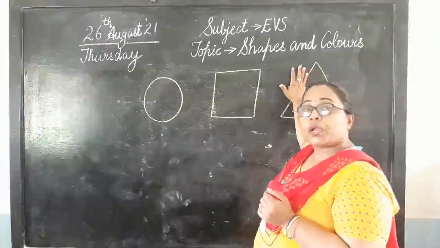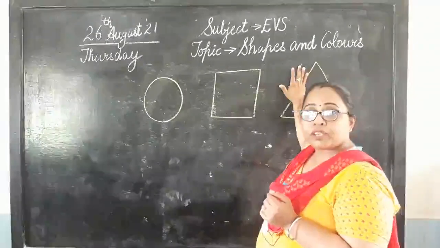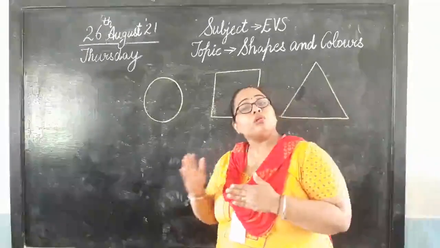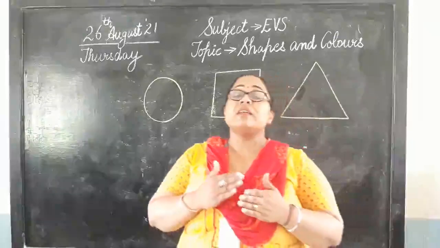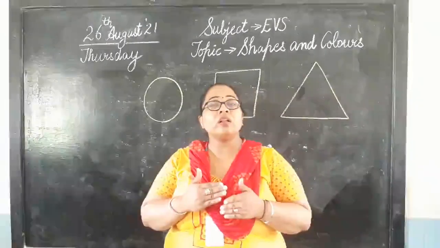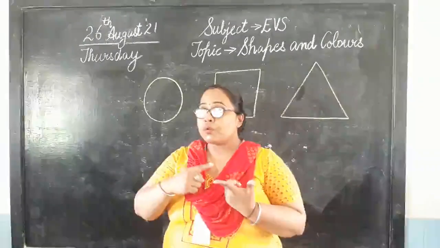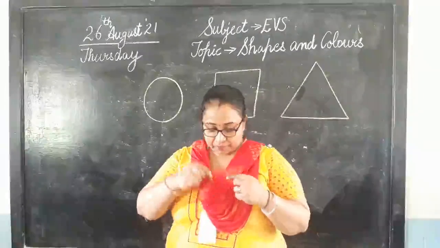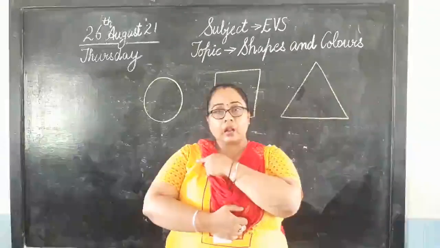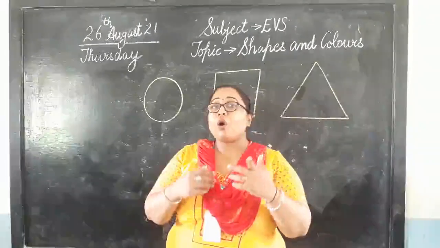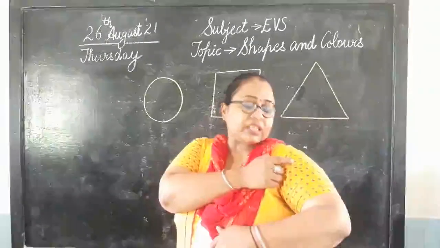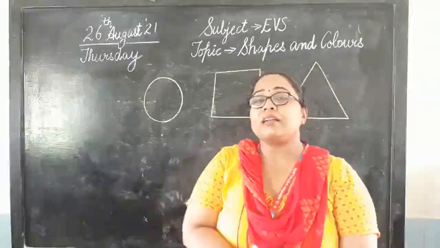So we'll have a quick revision of different objects that are in these shapes, and we are also going to revise the colors. So which all colors we have done? Red, yellow. So you can see red, yellow, then orange we have done. So if you will look carefully, these flowers, they are orange in color.